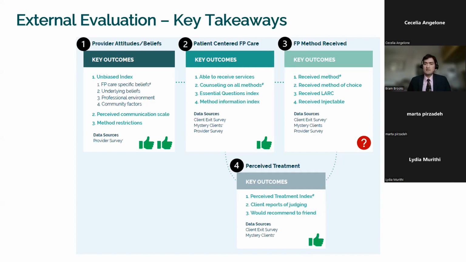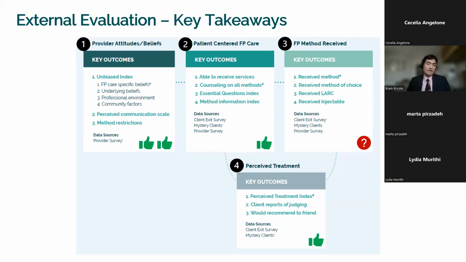If I had to distill the key evaluation results into one pithy slide, I would essentially use this figure shown on the screen that showcases the 4 outcome domains. The first one being provider attitudes and beliefs. The second one, looking at patient-centered care. The third one, FP methods received, and the fourth one, perceptions of treatment.